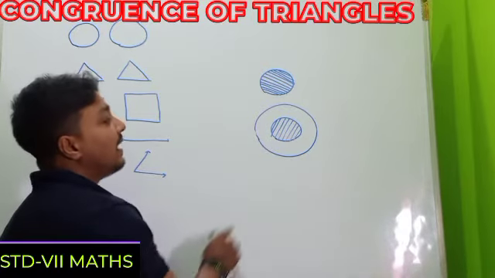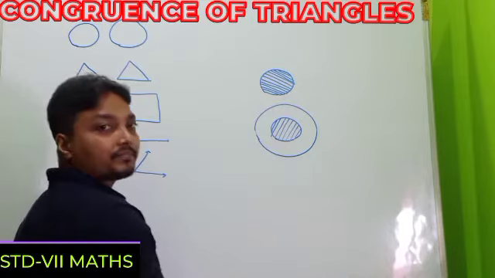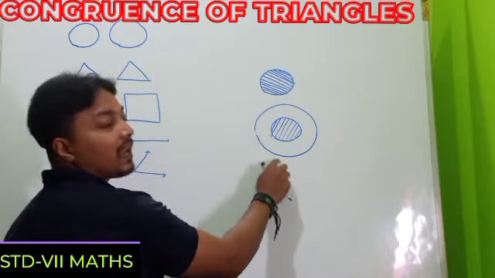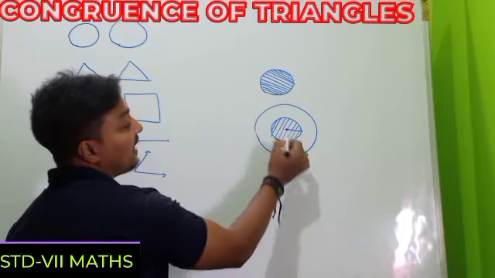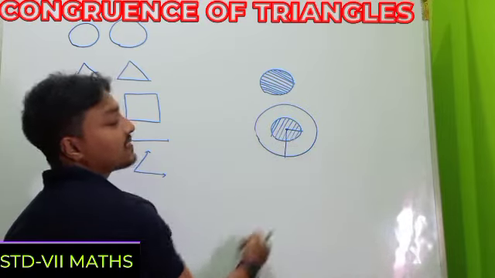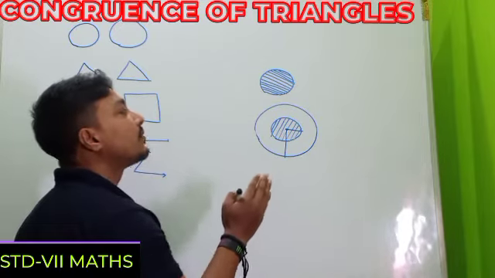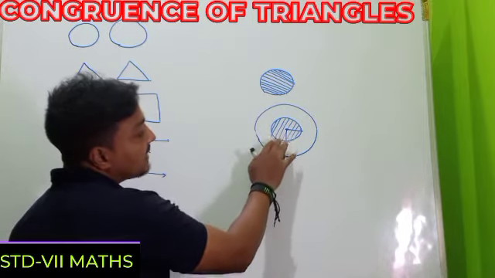Here both circles are not covering completely, because this circle has the smaller radius and this circle has the larger radius. Actually the shape is the same, circle means both have the same shape, but they differ in their size.